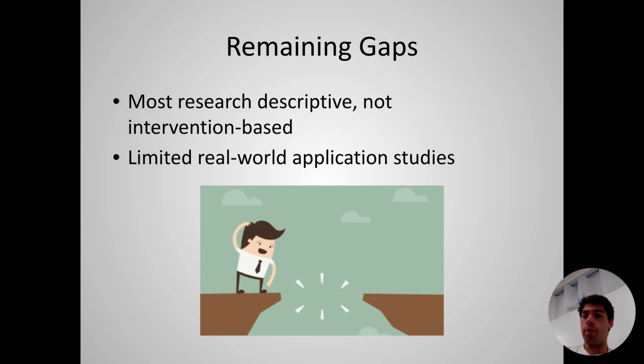Because of that, there's limited real-world application from these studies because they're in controlled environments, and there's not anything that's directly being experimented with or changed within dynamic systems theory, such as the environment, the individual, or the task.